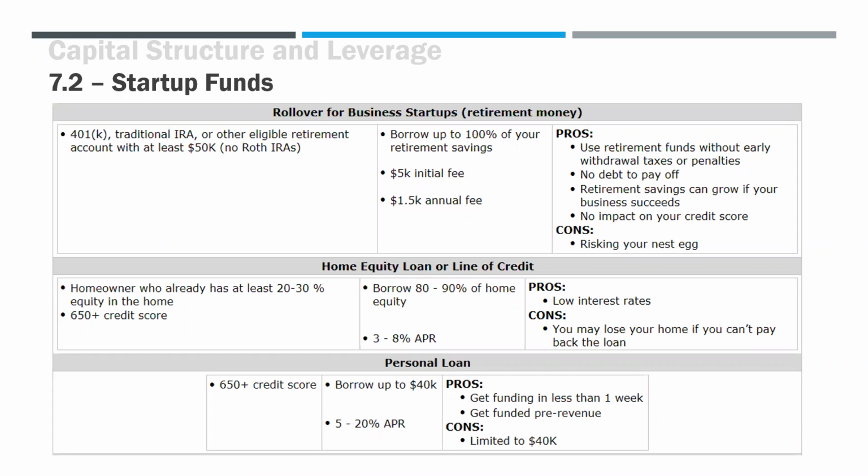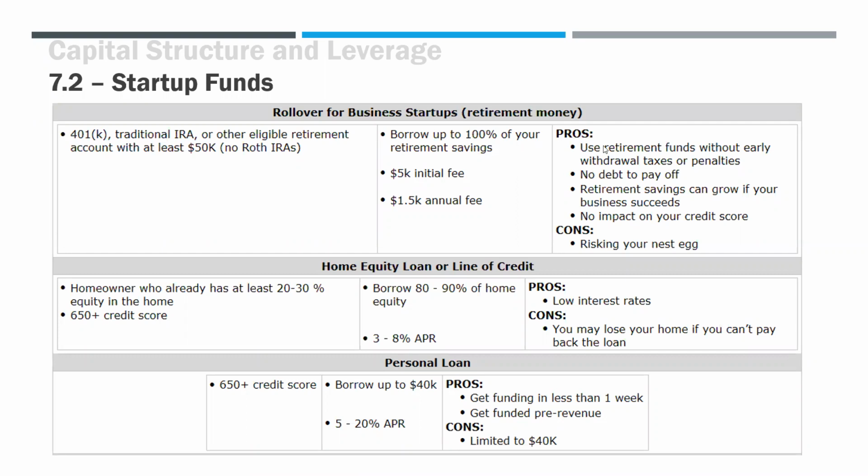And one thing you can do, and what I mentioned initially, is borrowing from a 401k, traditional IRA, or any other eligible retirement account, such as a 403b. You can't borrow from a Roth IRA. You can borrow up to 100% of your retirement savings.